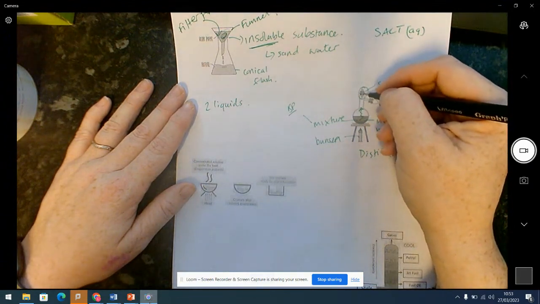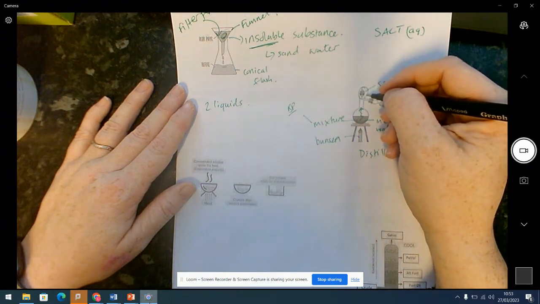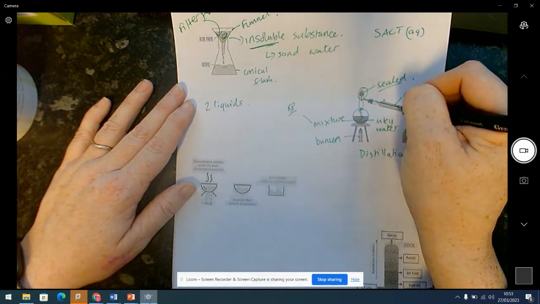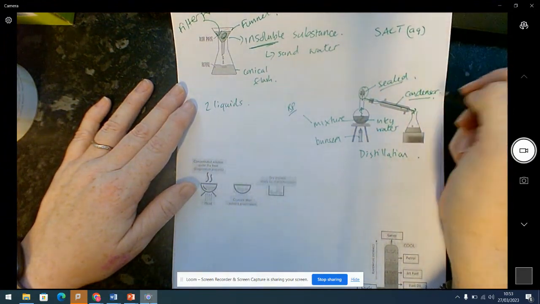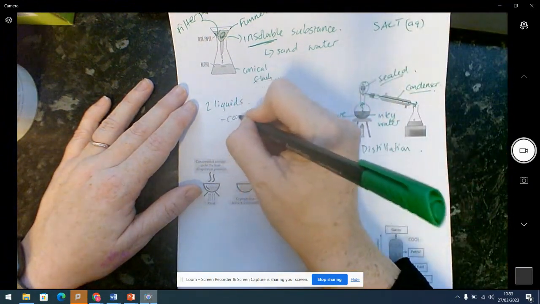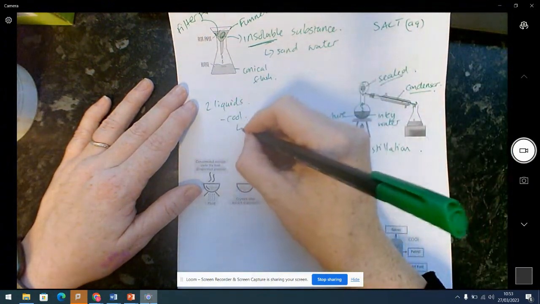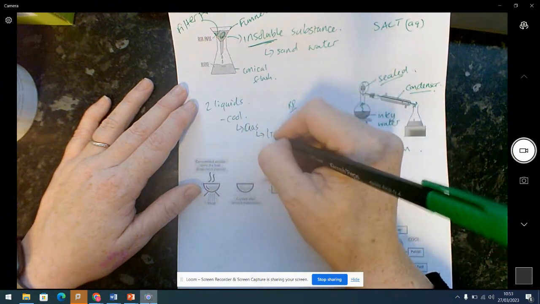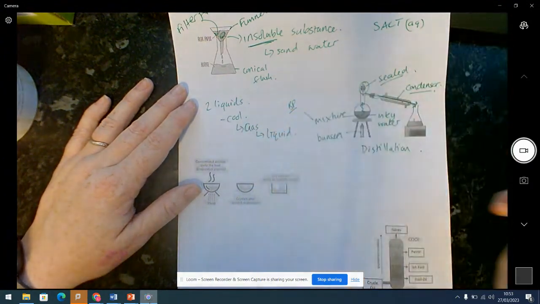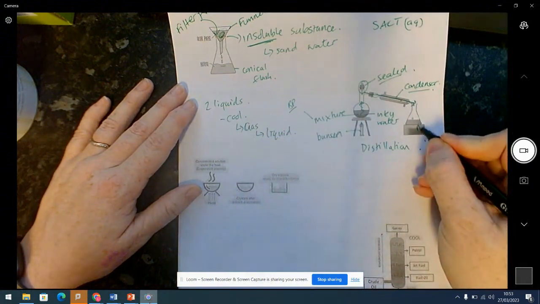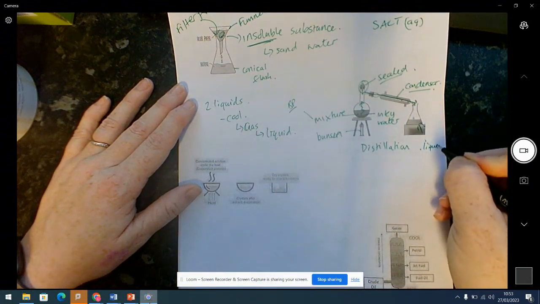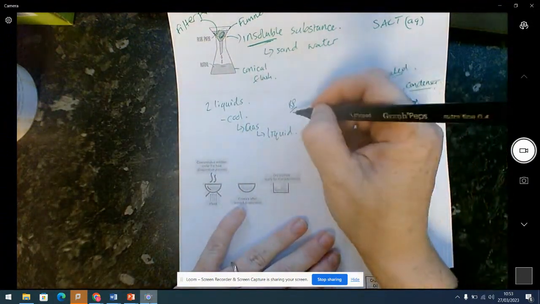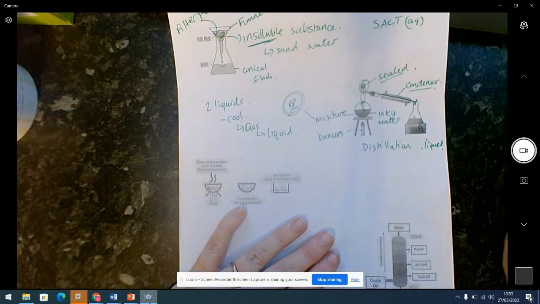The gas will try to escape because that's what gases try to do, but because it's sealed, it is then forced down through the condenser. Now the condenser is cool, so it will turn the gas that has just escaped back into a liquid. We can then collect that liquid here, which means we've essentially separated the mixture based on the boiling points.